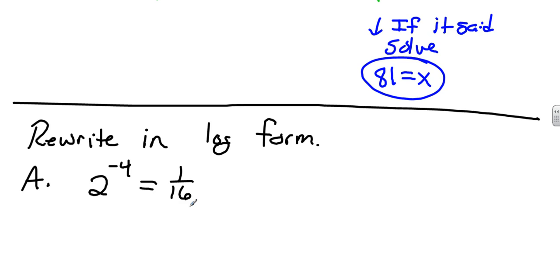This is one where there's no solving, because there is no x. It's just an expression. Again, you're just rewriting it, so it's mostly being able to change it from one form to the other. When you rewrite it in log form, of course, you use the word log. This one is base 2, because it's 2 to the negative 4 power, so that base will stay the same. The other two numbers, you just switch the places. The 1/16 goes over here, and the negative 4 goes over by itself.